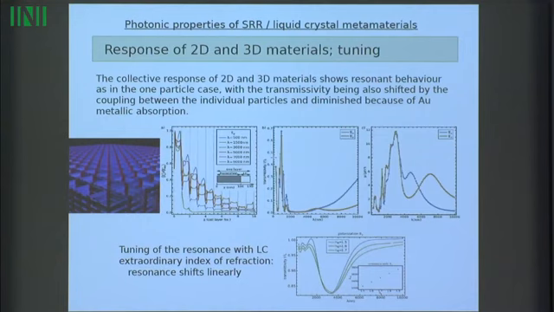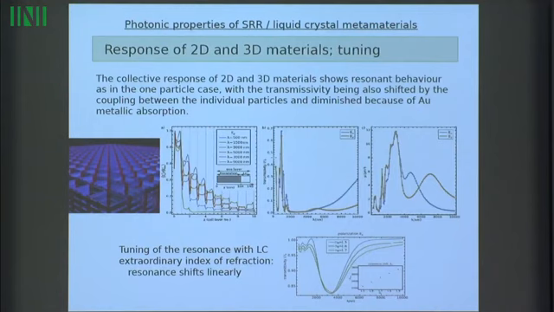Then we extended this to 2D and 3D materials as well. Here are some pictures for the 3D only. So we took one particle, put periodic boundary conditions in the horizontal directions. So we got effectively a 2D crystal, and then we took 10 layers of that, and that's our 3D crystal here.